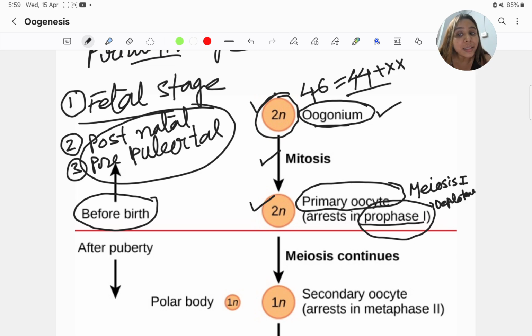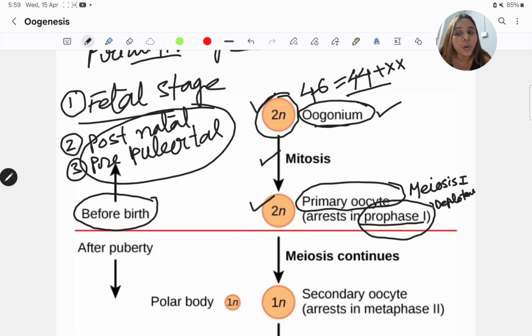Okay, so at that time we have this god-gifted prevention. Our children get protected because they have not yet developed their sexual characteristics, they are not prepared for their reproductive age. That's why they get such a precaution that their primary oocytes get arrested, and no further development occurs till they reach puberty.